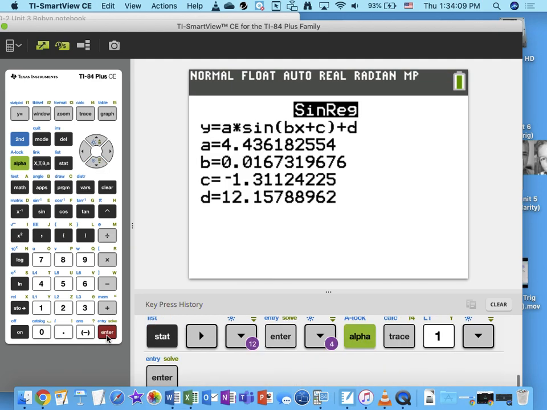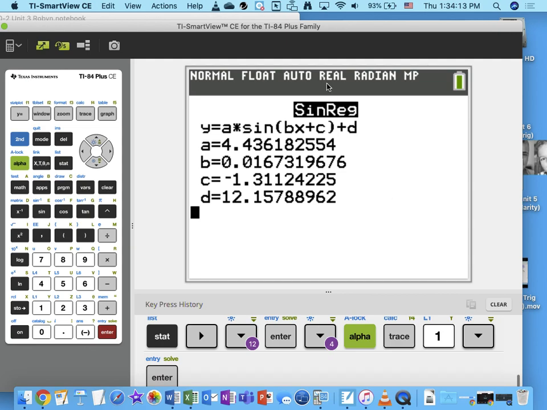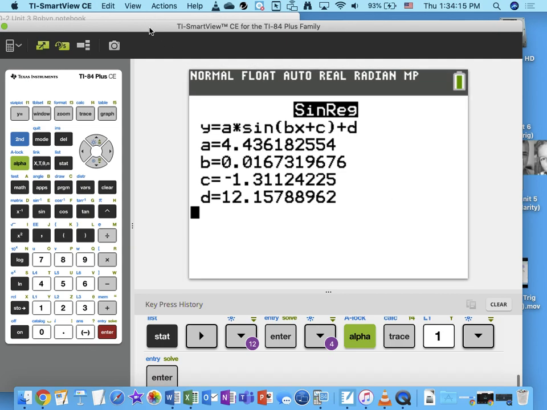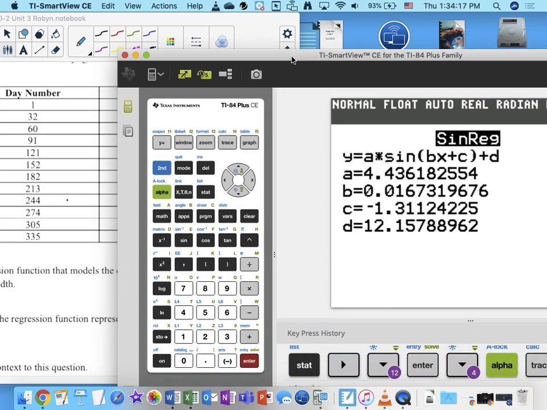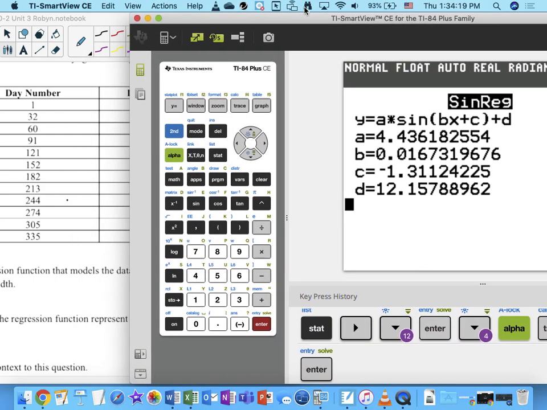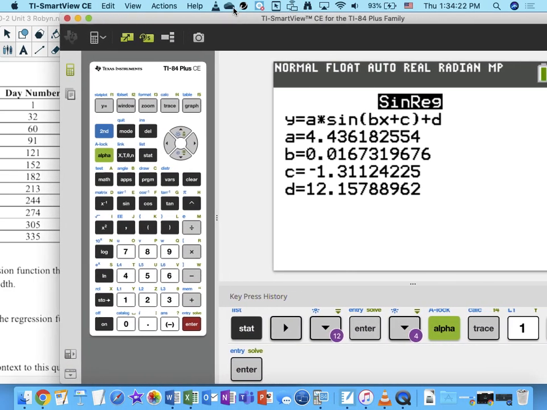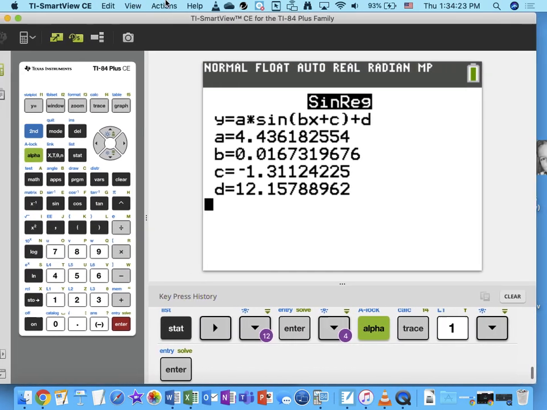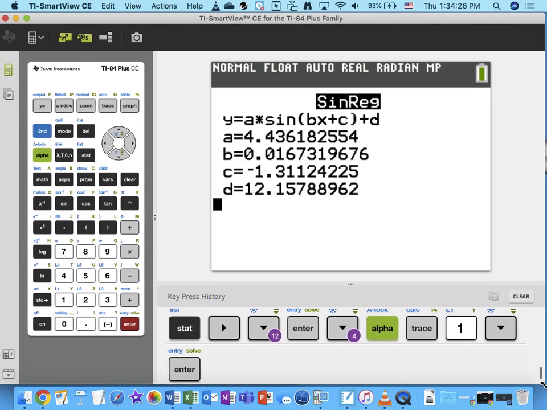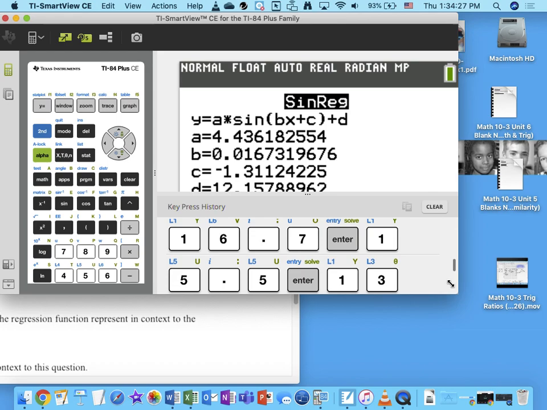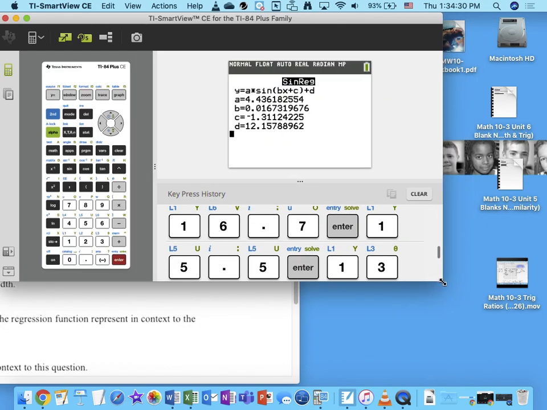Now, if you are asked on an assessment to give me the equation of the sine function, I do not want a equals 4.44, b equals 0.02 to the nearest hundredth, c equals negative 1.31, d equals 12.16. That is not a function.